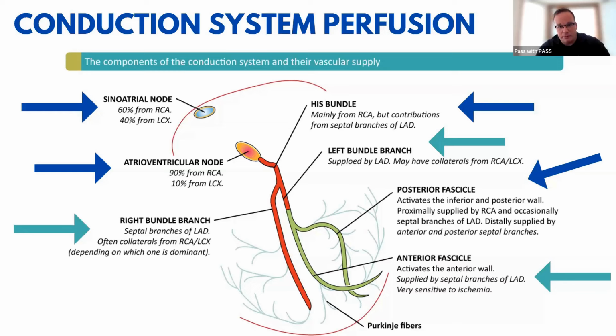And if we jump over to the bundle of His, it's mainly supplied by the right coronary artery. And then as we jump down, it's labeled as posterior fascicle, but that's actually the anterior fascicle of the left bundle branch. It can be supplied by the right coronary artery, or it can be supplied by the left anterior descending.